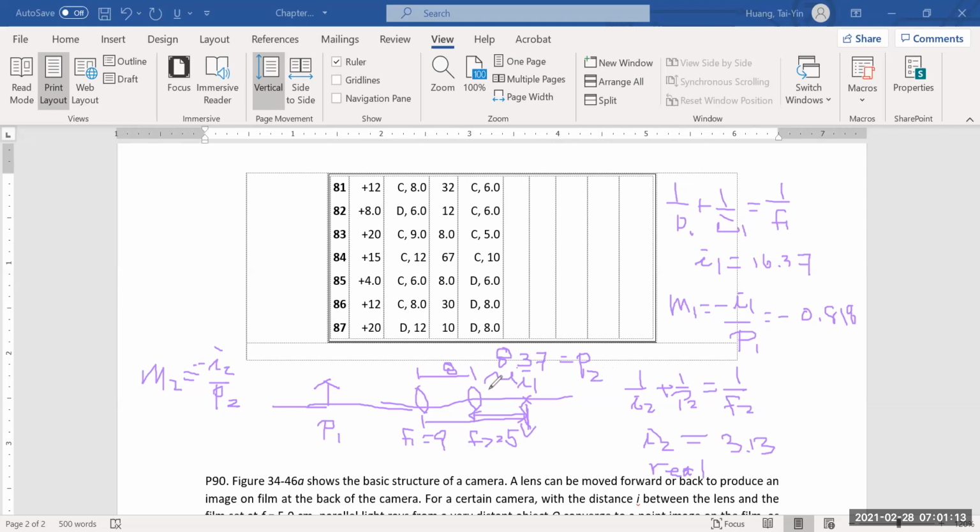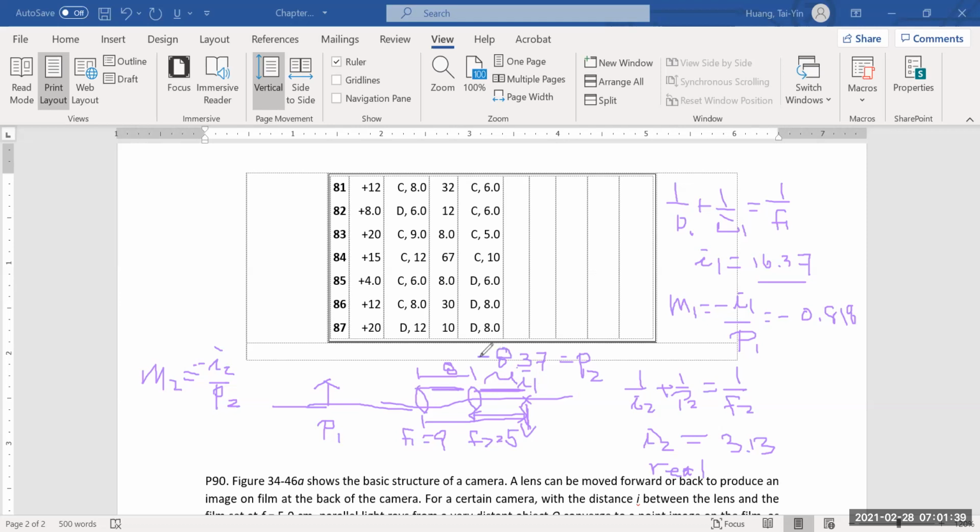Let's backtrack. This is your P2. This is where the first image is, and the first image, counting from the first lens, is 16.37, and then there's a gap between the two lenses. So this distance is 8.37, but that's not your P2 as such, because your P2 is actually behind the lens.